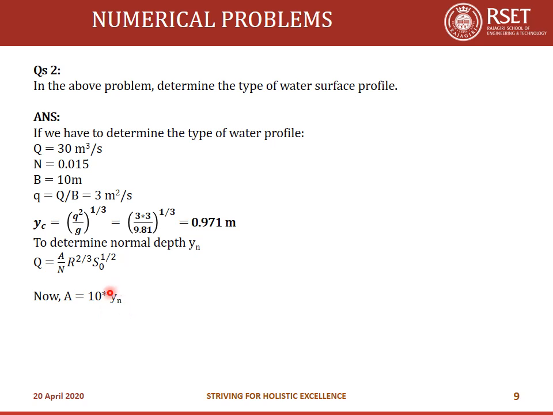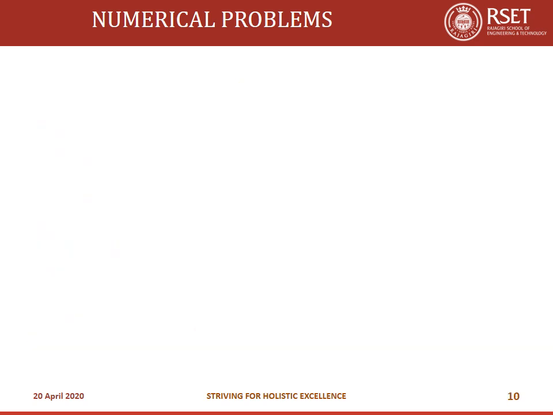Here you can notice how I have denoted normal depth, Y subscript small n. Y subscript capital N that we had used for the direct step method has nothing to do with normal depth. Normal depth is Y subscript small n. So area is equal to 10 into Yn. Wetted perimeter would be 10 plus 2 times Yn. So the hydraulic mean depth would be A by P. I would get this value.